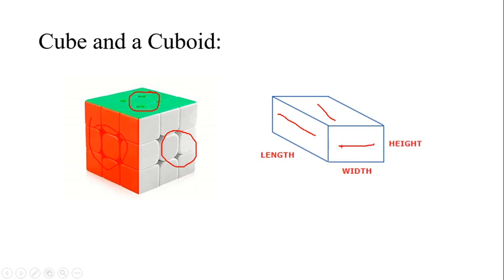There are a few more behind and below, those are also rectangular, and in the other one there are a few more behind as well as one below, those are square-like faces. So when a three-dimensional structure has all its faces as squares, it is called a cube. And when all the faces are rectangular, it is called a cuboid.